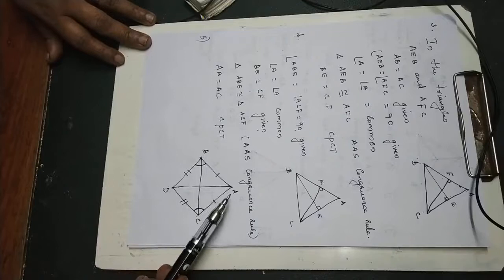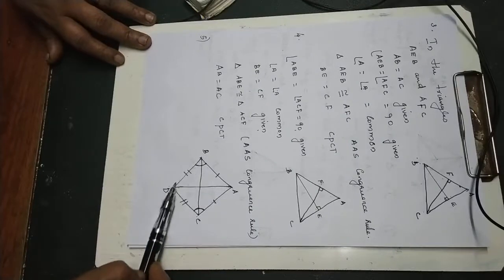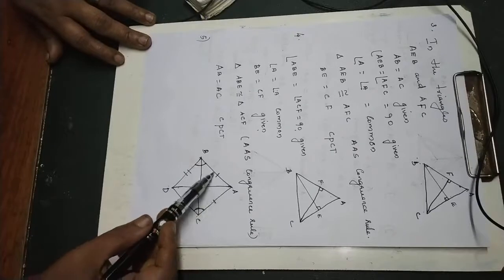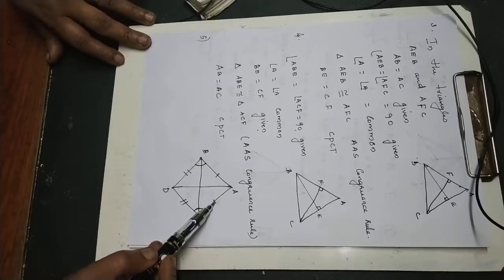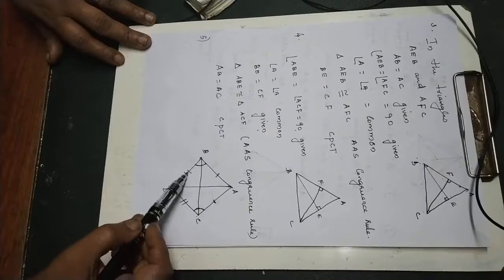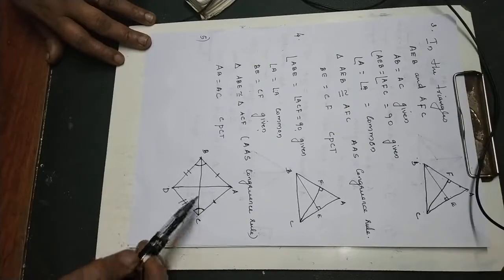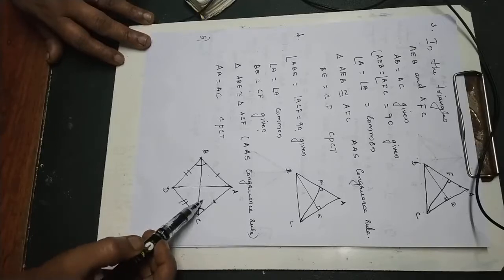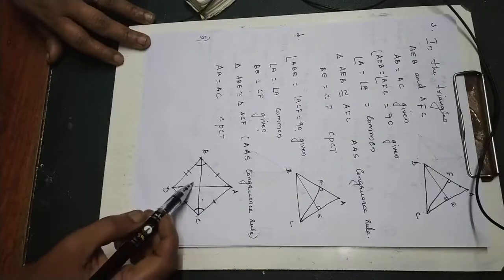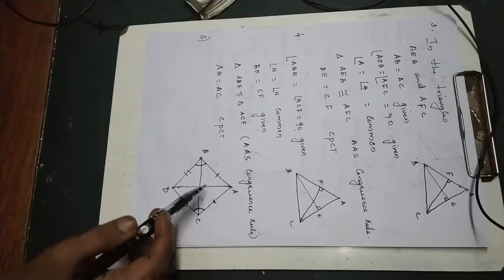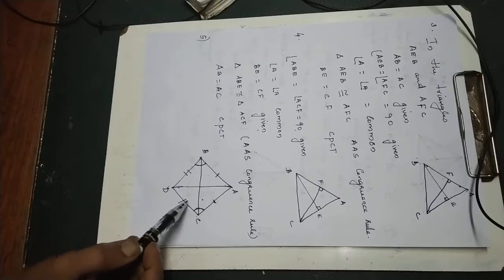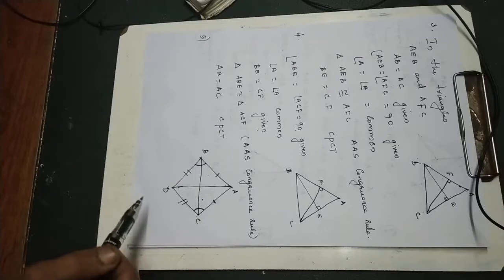In that one, AB equal to AC, one side equal, then BD equal to DC, and AD is equal to AD. AD is common to these two triangles, so they will also be equal. That means these three sides of the triangles are equal. So by SSS congruence rule, these two triangles are congruent.